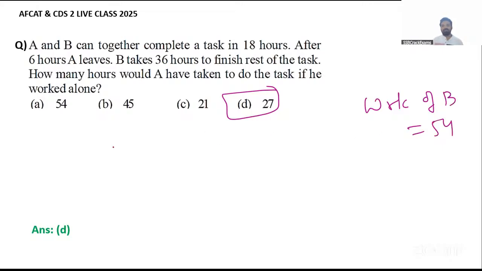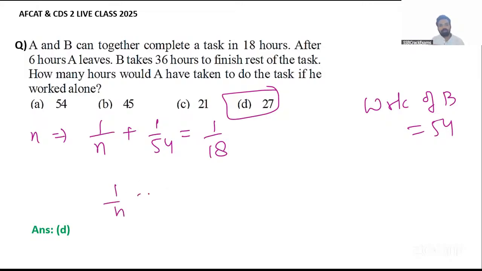So suppose A completes the work in n hours. Then A's 1 hour work is 1 upon n. B's 1 hour work is 1 upon 54. Now we can use the equation that together they complete it in 18 hours. So 1 upon n is equal to 3 upon 54 minus 1 upon 54.